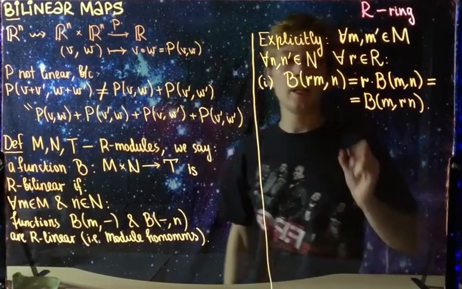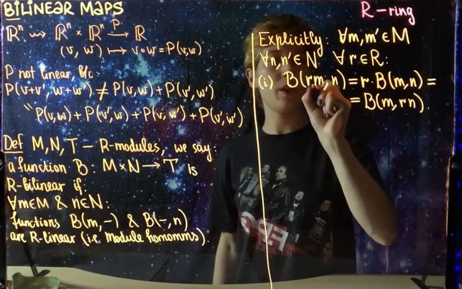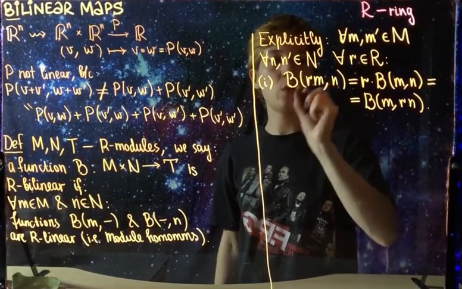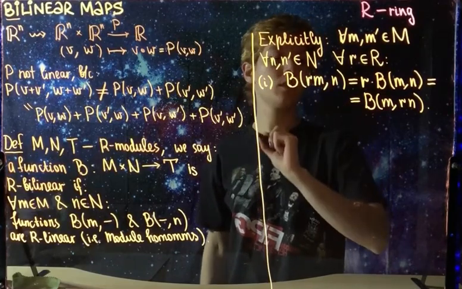So if we multiply one of the entries by a scalar, we can move the scalar out.